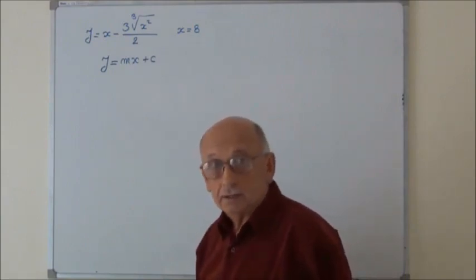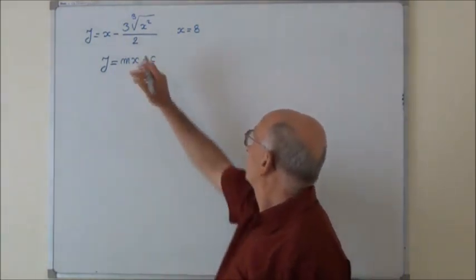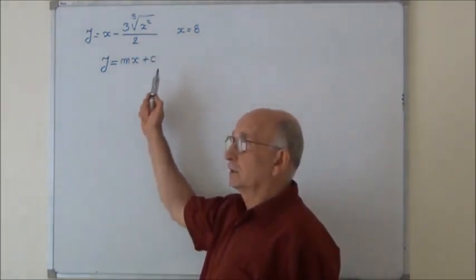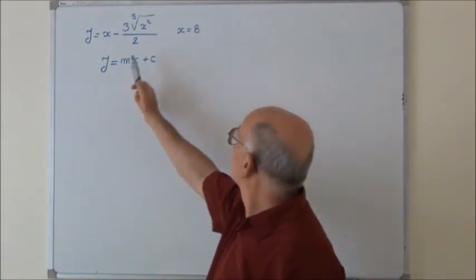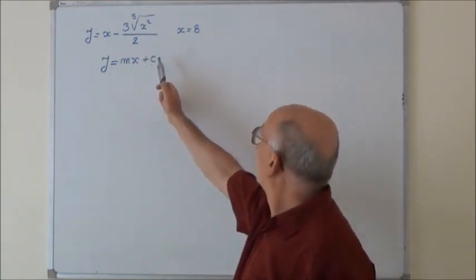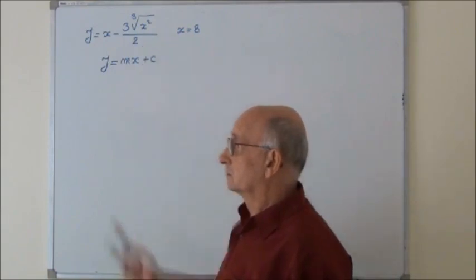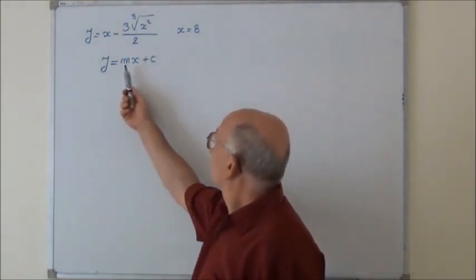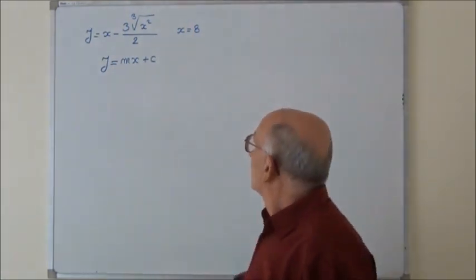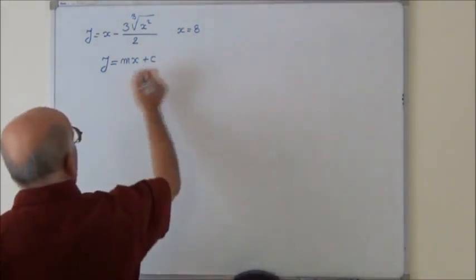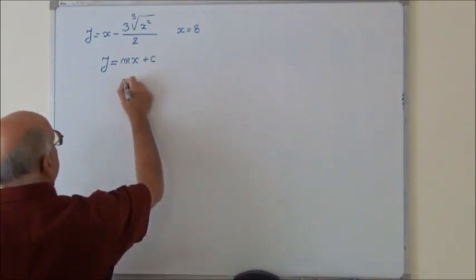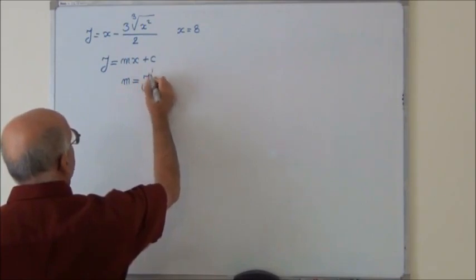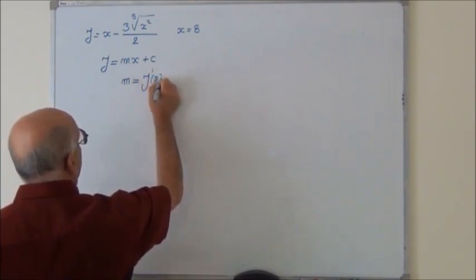How to find the gradient? Of course, we have the curve and we know that the gradient is the derivative of this function, the rule for the gradient of a tangent line. Then we can write gradient equal y dash of 8.